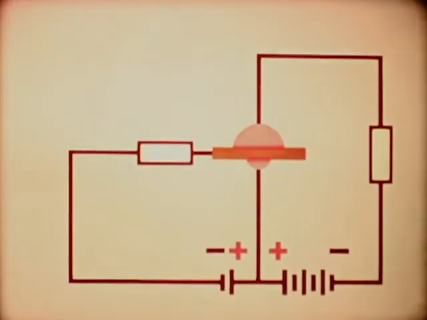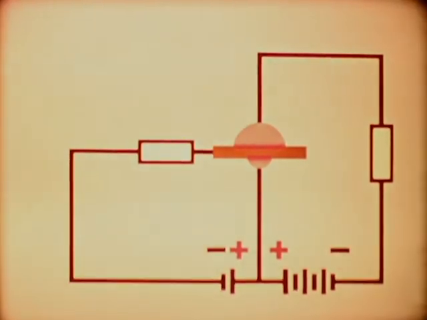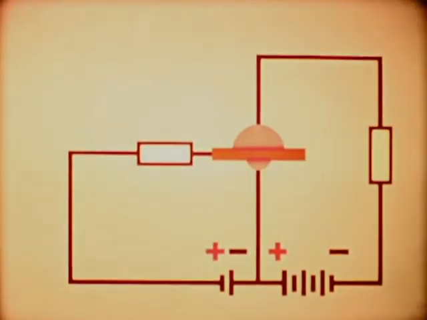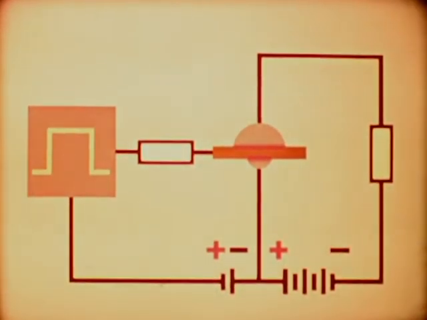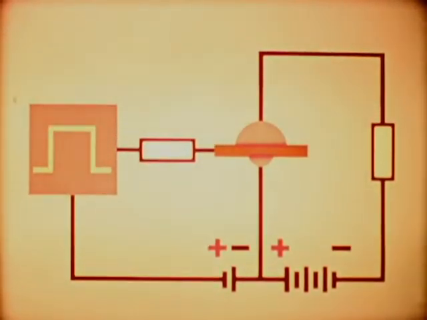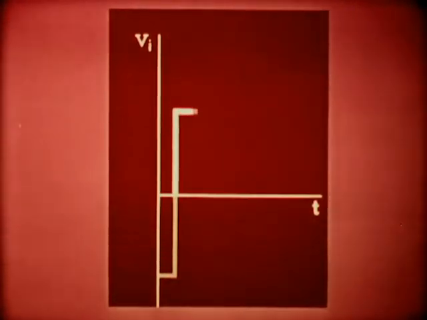To obtain an overall picture of the switching action, we must start with the transistor biased at cutoff, and then apply a very high positive stepped voltage pulse. The total input voltage, VI, shown as a function of time, will now be of this form.